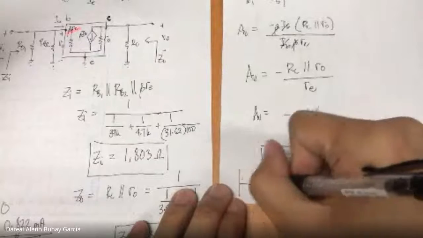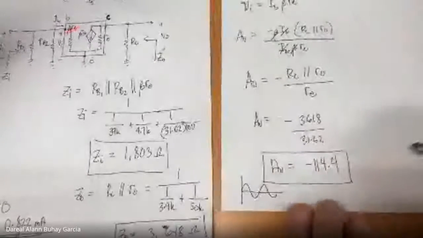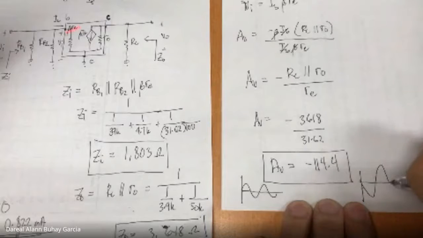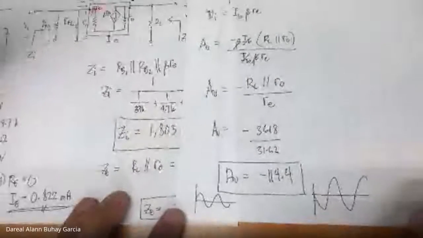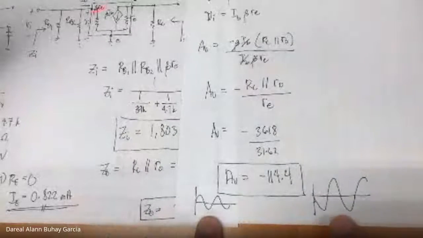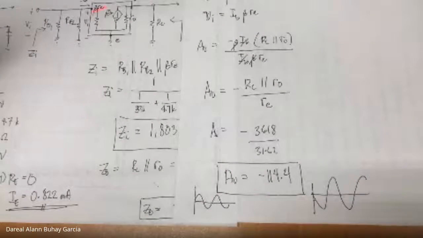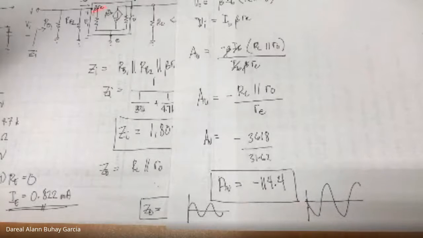If our signal looks like this, ang output niya ana is na-invert. Na-phase shift 180 degrees. Okay. So that's nothing to worry about.